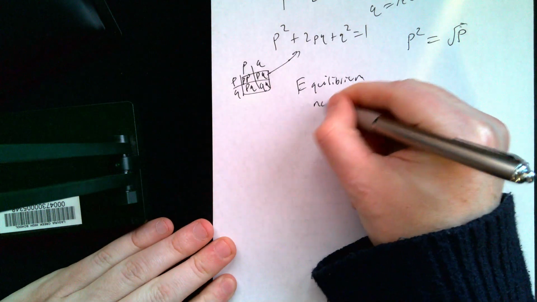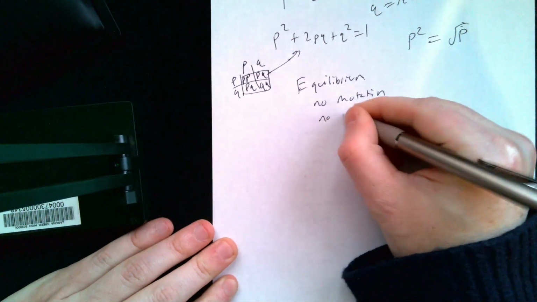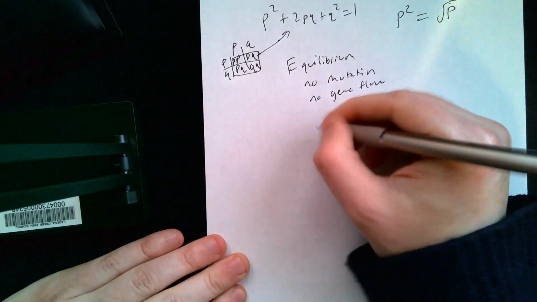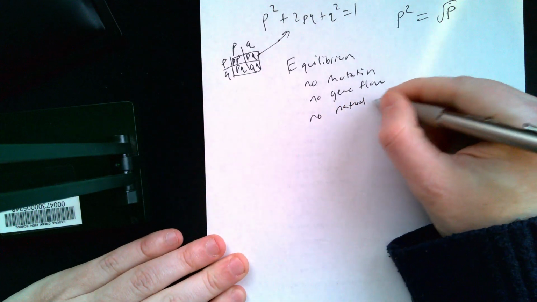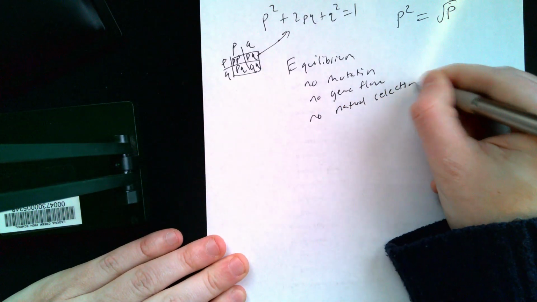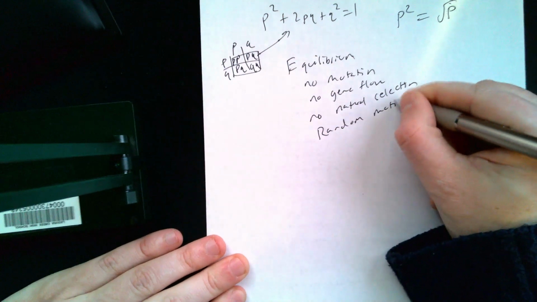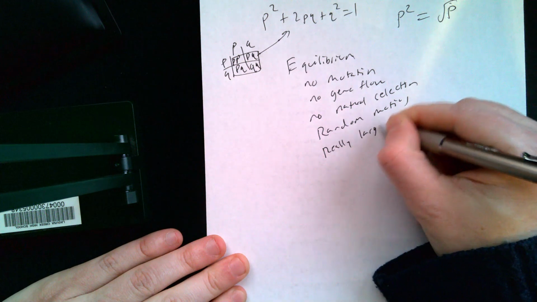And so there must be no mutation, no gene flow, no natural selection, completely random mating, and a really large population size.